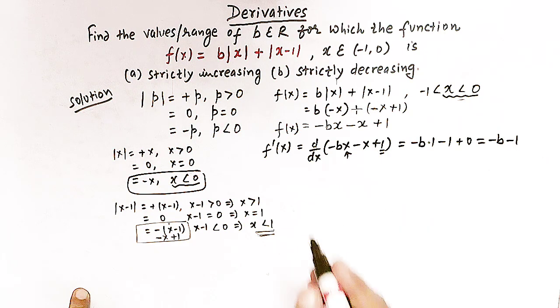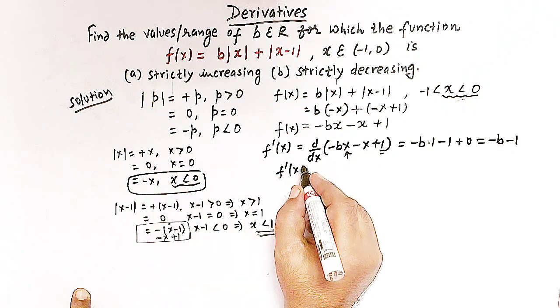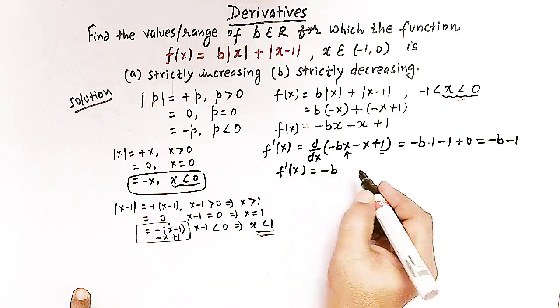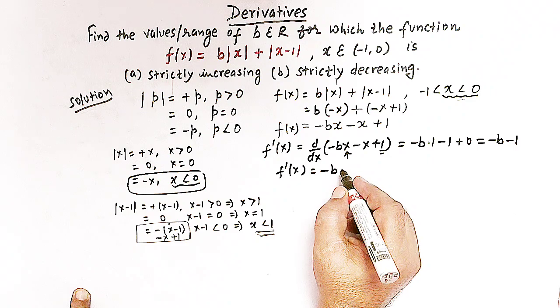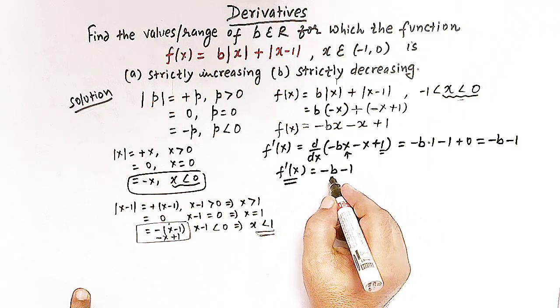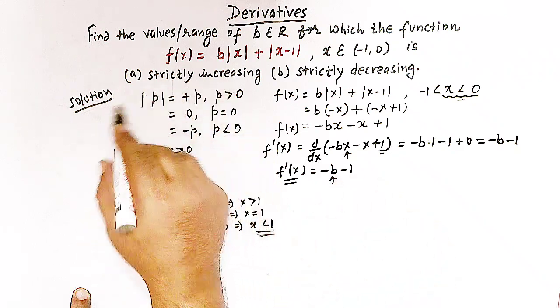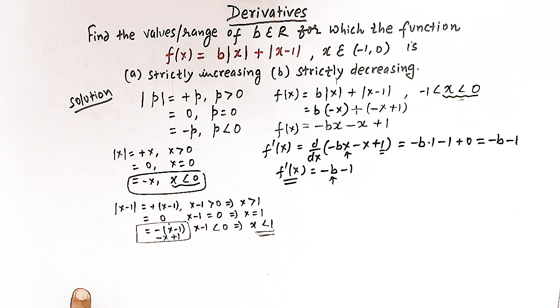So the derivative of the function f of x is f prime of x, which is minus b minus 1. The derivative depends on the value of b. Let us first see the definition of strictly increasing and strictly decreasing.